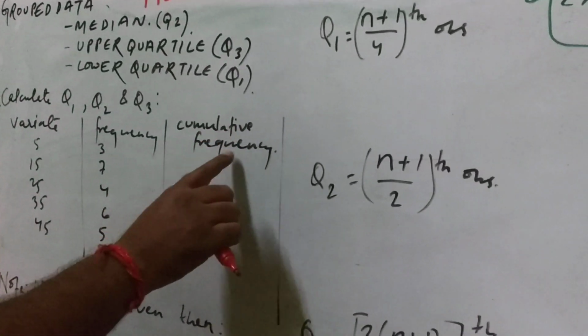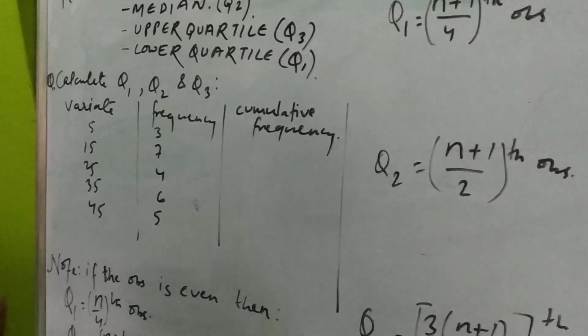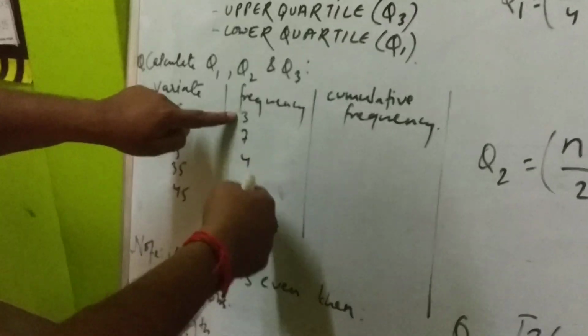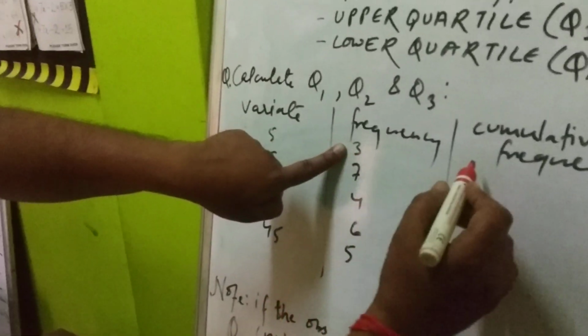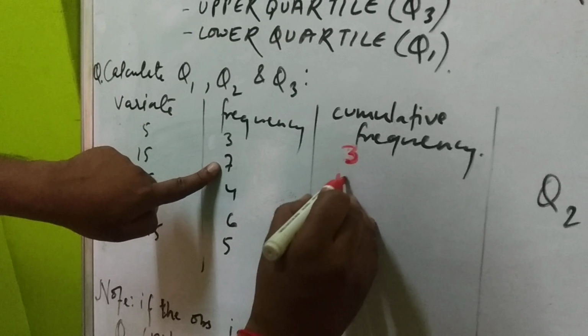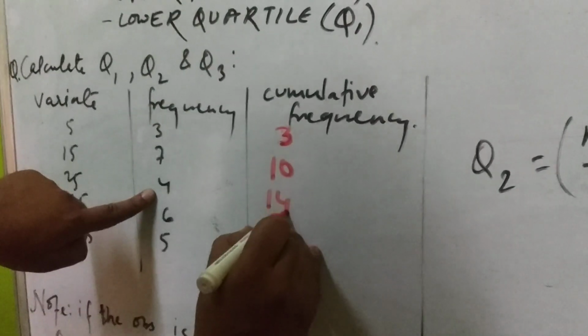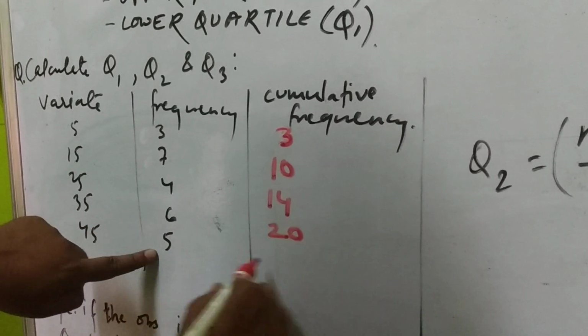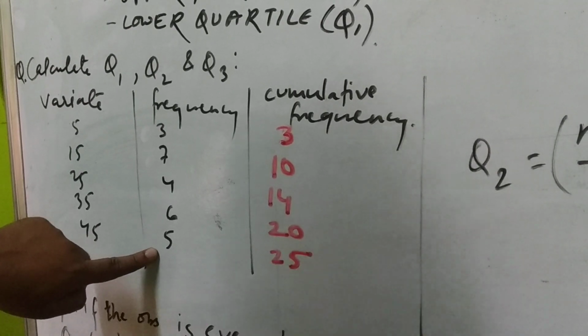First I will calculate cumulative frequency. In cumulative frequency, I will cumulate, that is add up the frequency that is given over here. First I will take a 3, then the next one is 3 plus 7 is 10, 10 plus 4 is 14, 14 plus 6 is 20, and 20 plus 5 is 25.